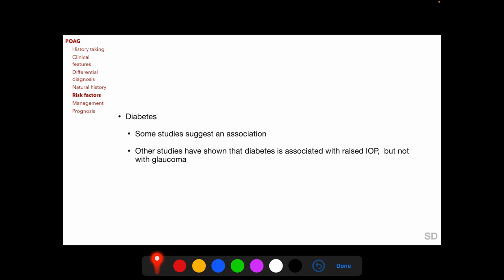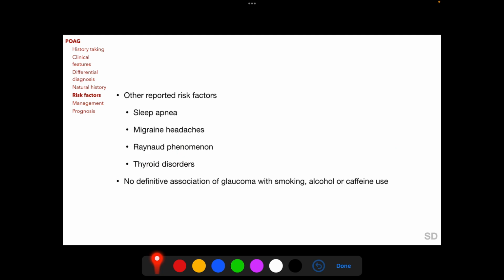Similarly, only some studies suggest an association of diabetes mellitus with primary open-angle glaucoma, which other studies have rejected. And there are studies which have shown that diabetes is associated with raised intraocular pressure but not with increased prevalence of glaucoma.